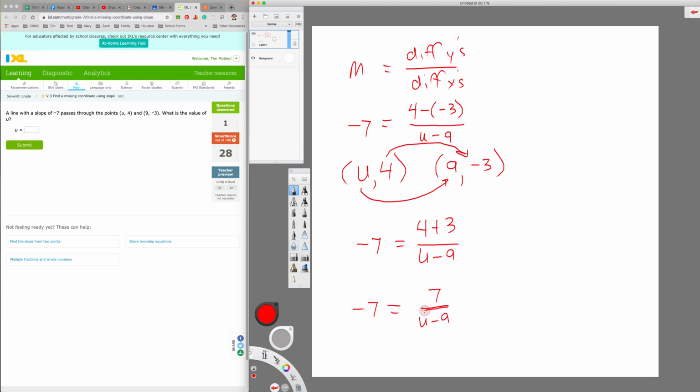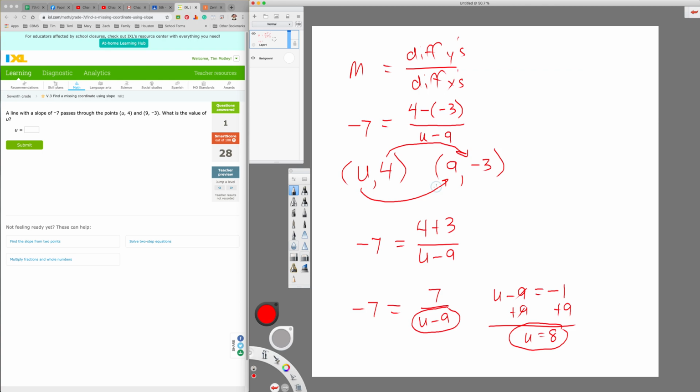I've got to think, what would this have to be so that 7 divided by it would be negative 7? Well, 7 divided by 1 would be 7, so 7 divided by negative 1 would be negative 7. So I know that u minus 9 has to equal negative 1. Then I can add 9 to both sides, and I get that u equals 8.